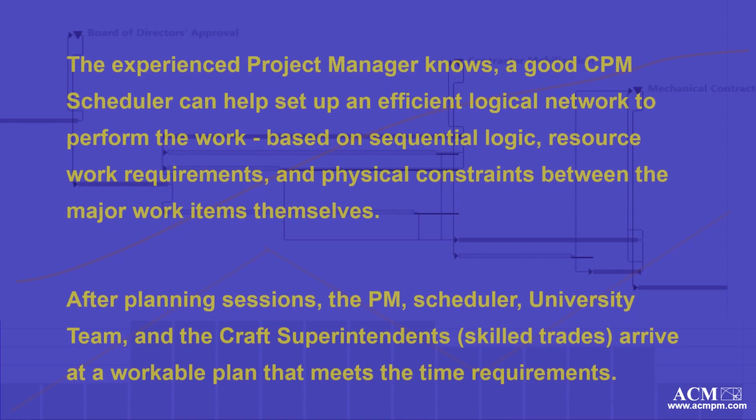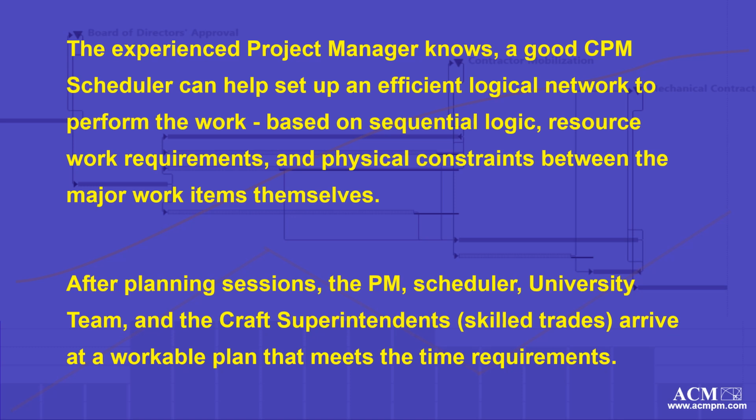A good critical path method scheduler can help set up an efficient logical network to perform the work based on sequential logic, resource, work requirements, and physical constraints between the major work items themselves. After planning sessions, the PM, scheduler, university team, and craft superintendents arrive at a workable plan that meets the time requirement.